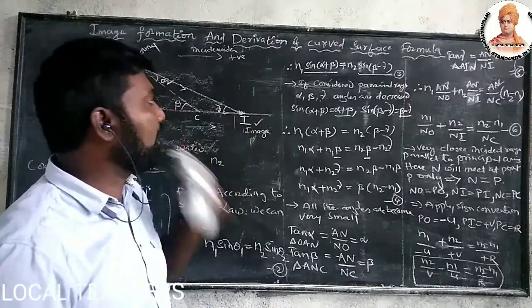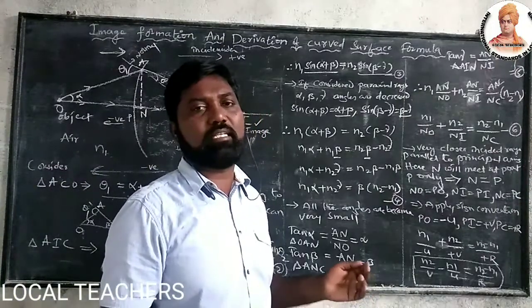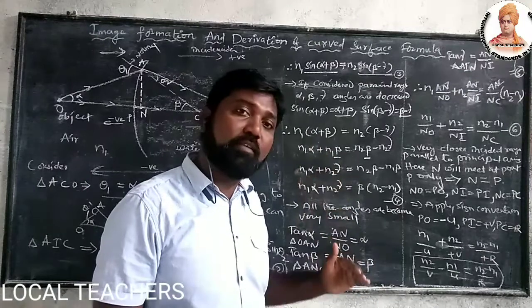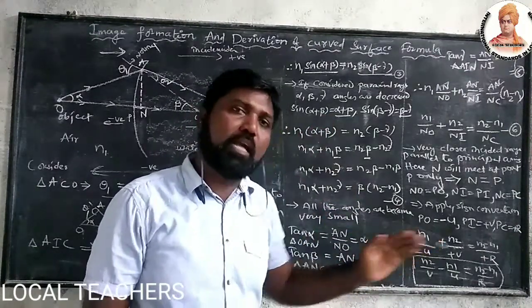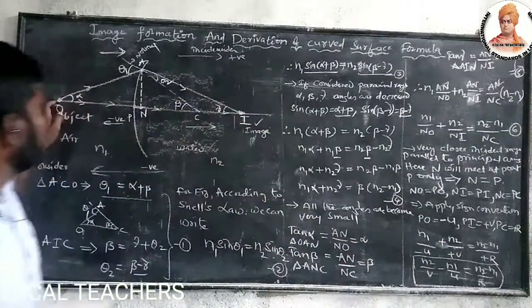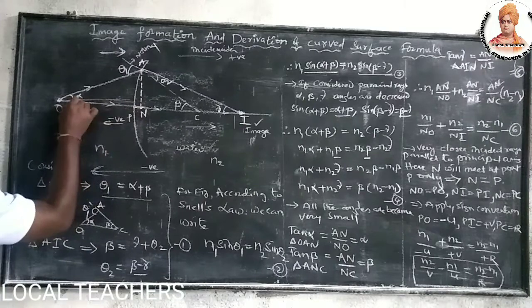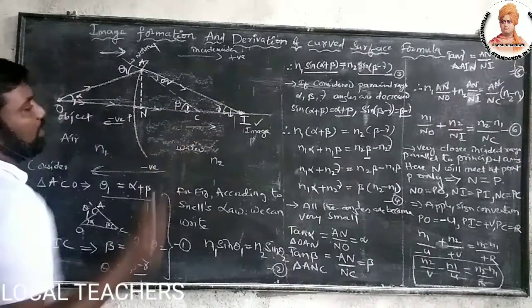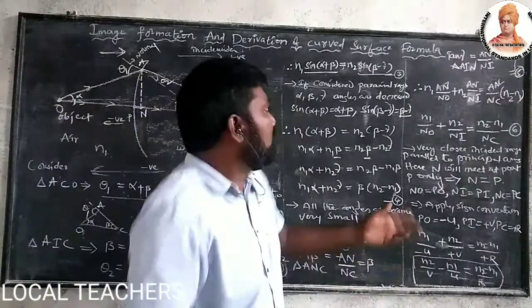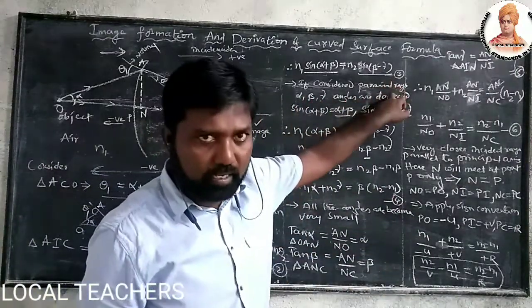Next I considered paraxial rays. Paraxial rays are rays parallel to the principal axis but very near to it. If I consider rays like this, the alpha, beta and gamma angles decrease.